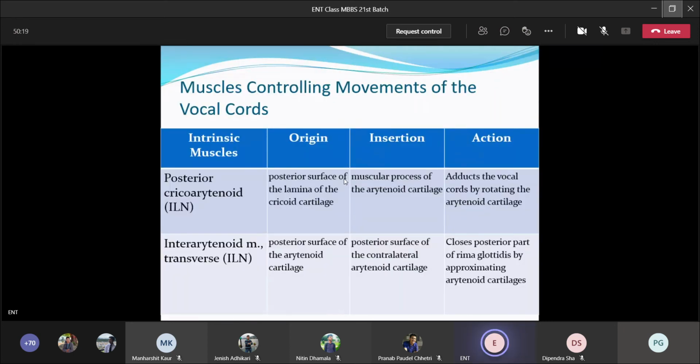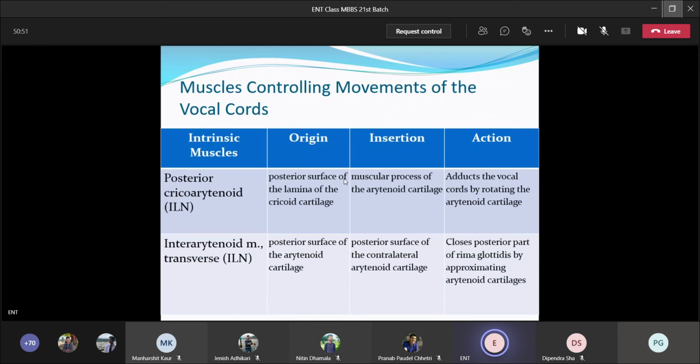The muscles controlling the movement of the vocal cords, posterior intrinsic muscles. Posterior cricoarytenoid: the origin is the posterior surface of the lamina of the cricoid cartilage, the insertion is the muscular process of the arytenoid cartilage, and the action is to abduct the vocal cords by rotating the arytenoid cartilage.